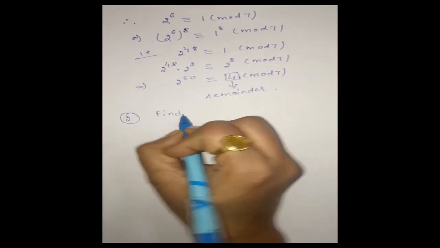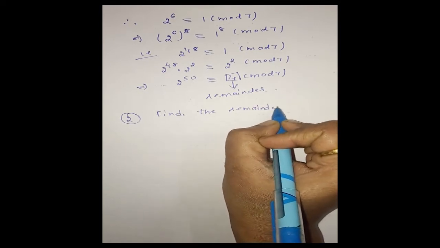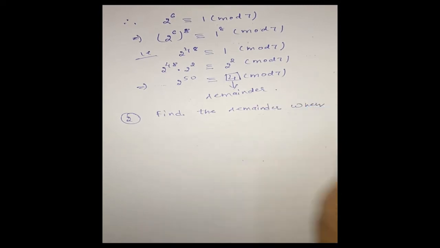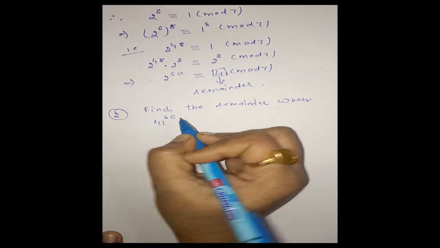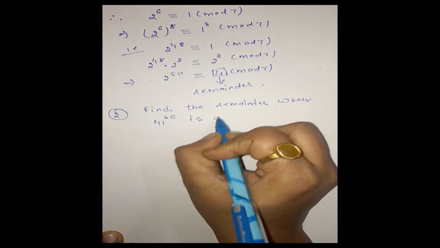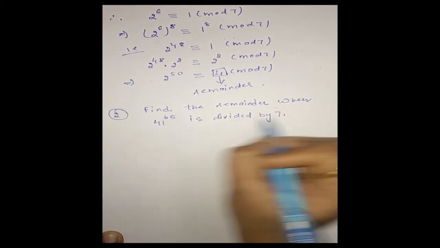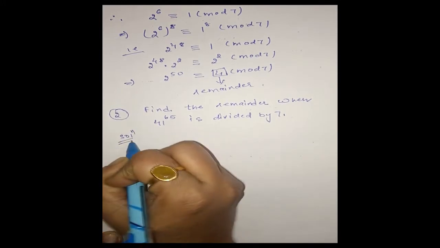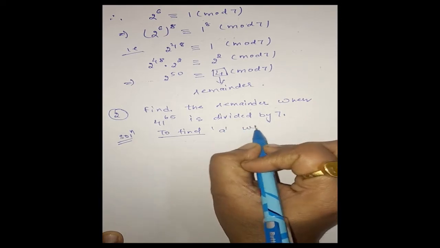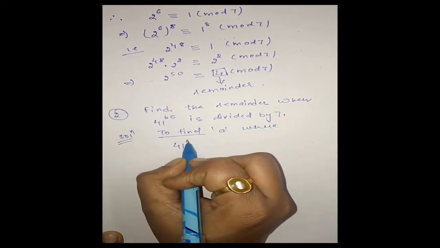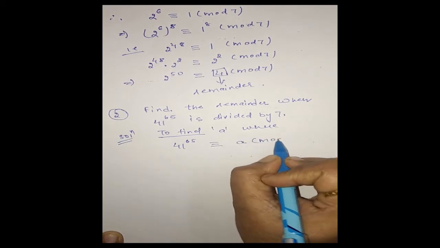Find the remainder when 14 power 65 is divided by 7. Okay, now same here also, to find a, where a is given by this congruence relation. 14 power 65 is congruent to a modulo 7.